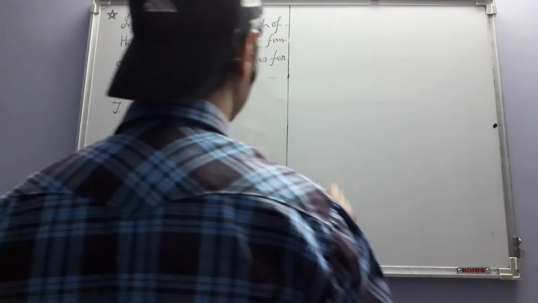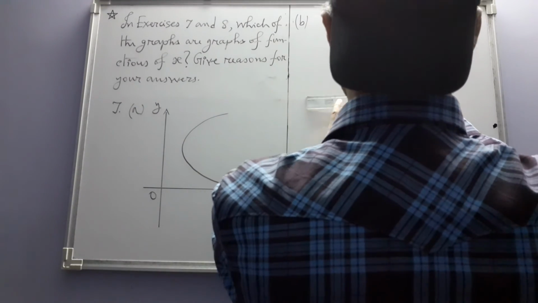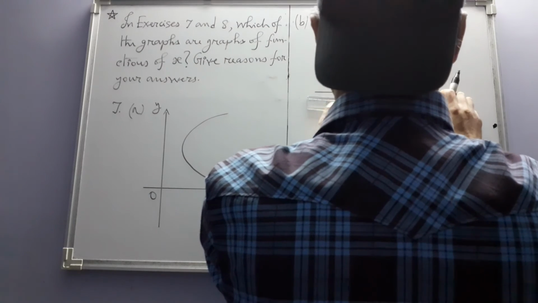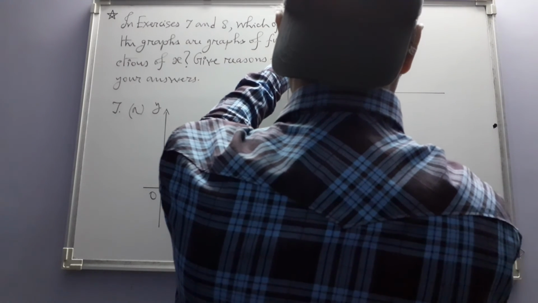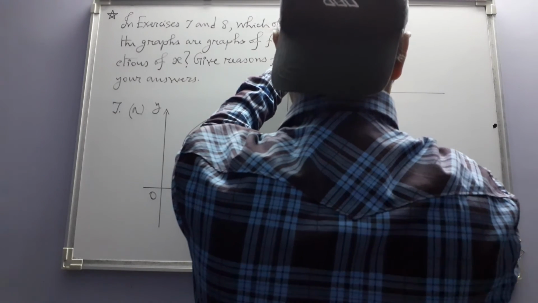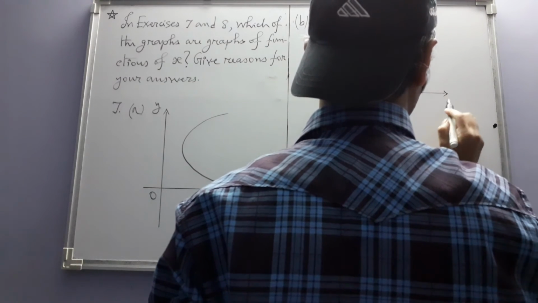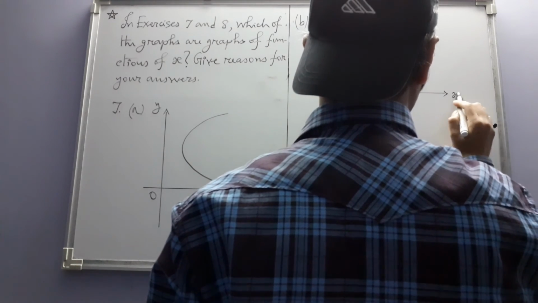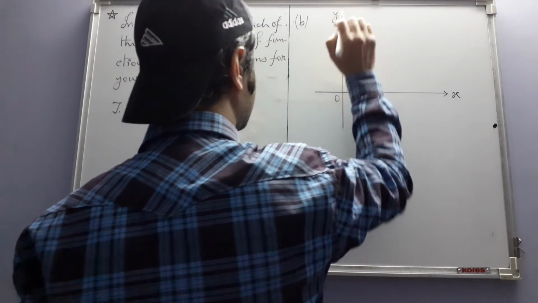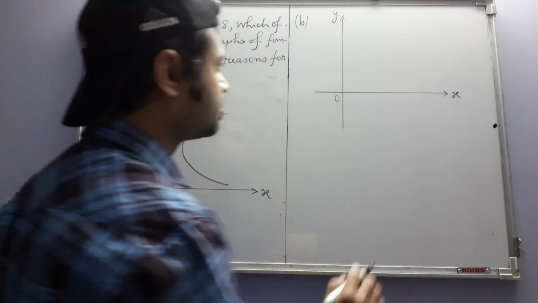in part B, we have another curve which is not entirely something that has a name, but parts of it are known curves, and the curve looks like this.